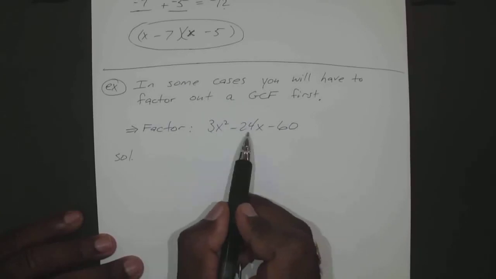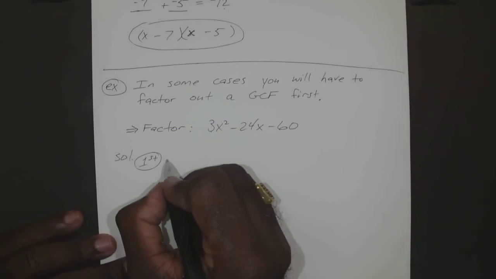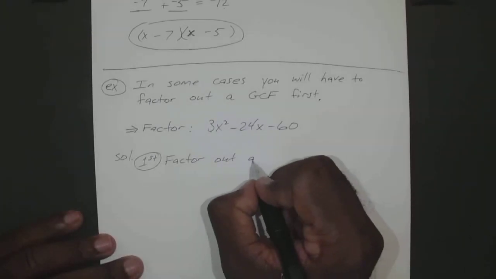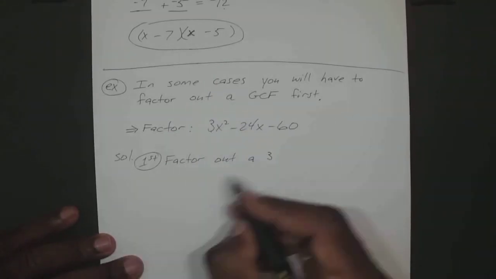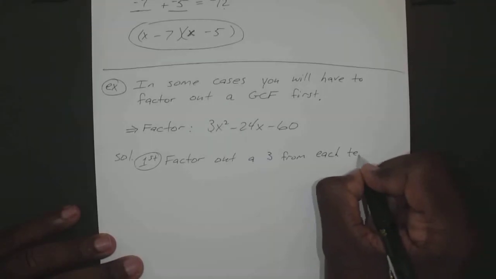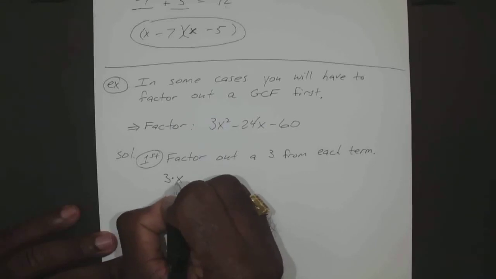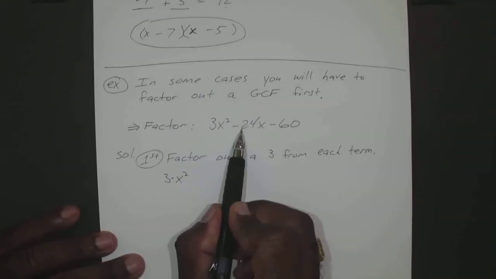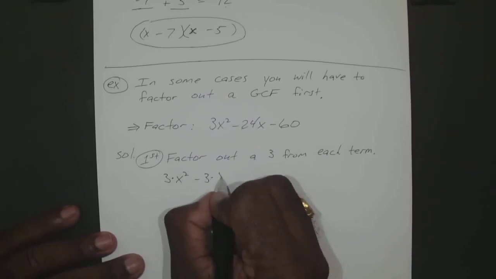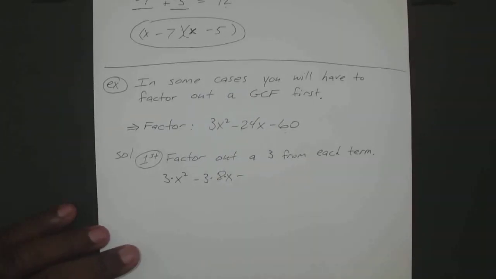So we want to factor a 3 out of each of those terms. 3 times x squared; 24, you can make that 3 times 8; and 60, you can make that 3 times 20.